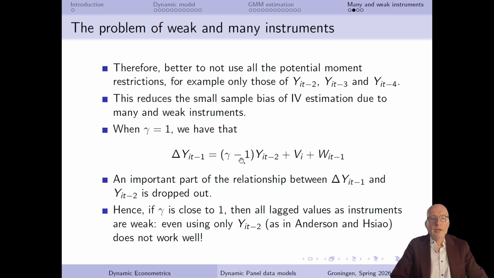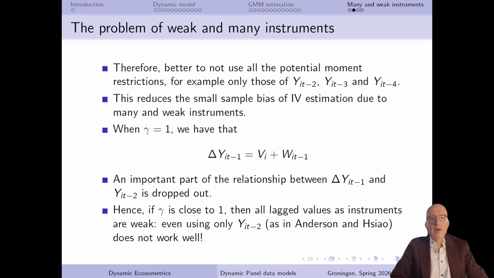If I substitute gamma equal to 1, then the first part is completely deleted, and delta y_{i,t-1} is simply equal to v_i plus w_{i,t-1}. That means an important part of the relationship between delta y_{i,t-1} and y_{i,t-2} is completely dropped out, because y_{i,t-2} is no longer directly at the right hand side of the equation of delta y_{i,t-1}.